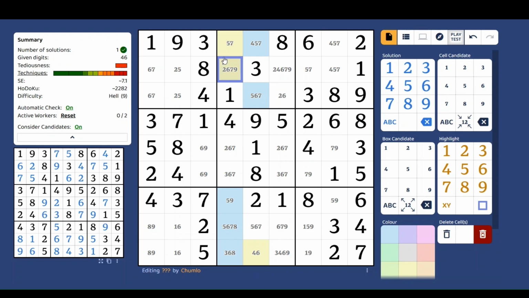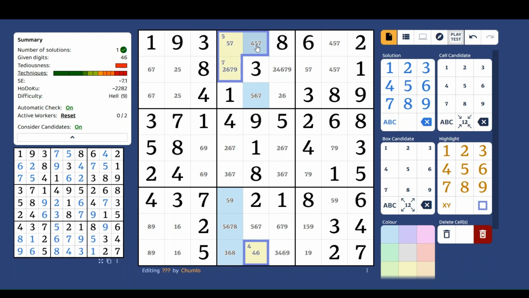If this cell is a 7, first of all, this cell couldn't be a 7 because then they would be in the same box and that would be invalid. But if this cell was a 7 and this cell was a 5, then this cell could either be a 4 or 6. If this combination is 5, 7, 4, well, you'll notice this cell right here is also 5, 7, 4, and these three cells mutually see this cell.